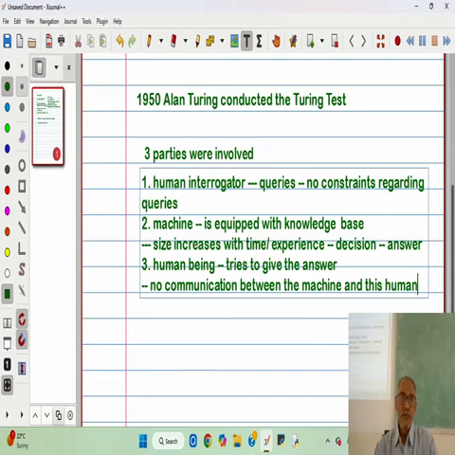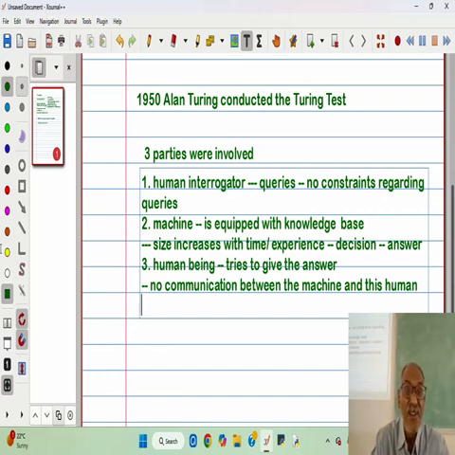Are you with me? And for that reason, is there going to be any communication between this human being and the human interrogator? Yes, because the question should come from the other side. The question should be coming from the human interrogator. And the machine and the human being on the other side should be able to respond to that. Are you getting my point here? So these are the third parties.